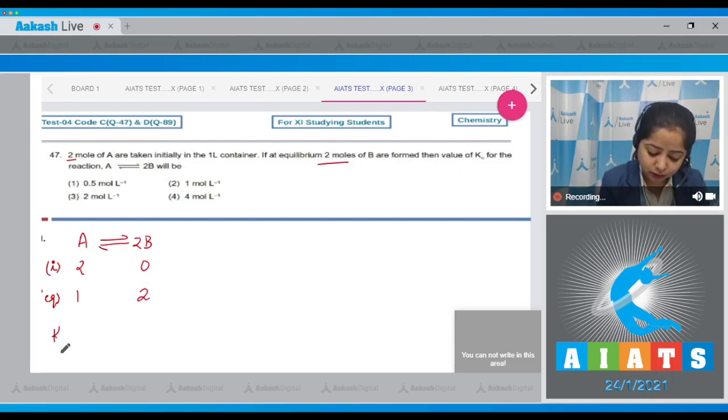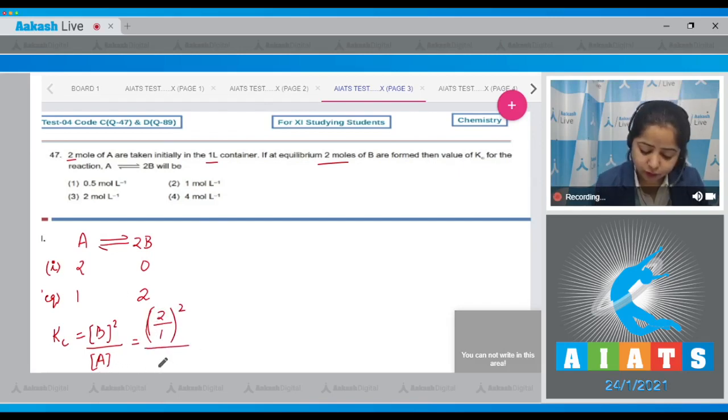As we know, Kc is equal to the concentration of products raised to the power of stoichiometric coefficient, that is B raised to the power 2 upon A. Here the concentration of B is number of moles upon volume. Volume is 1 liter, so 2 square upon A. The number of moles of A is 1 and the volume is also 1, which is ultimately equal to 4.